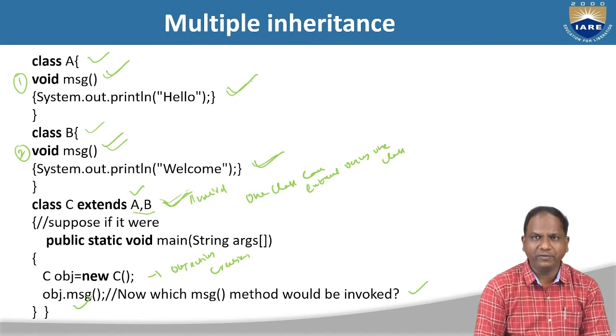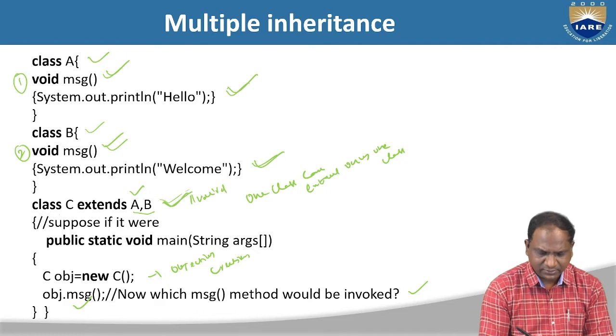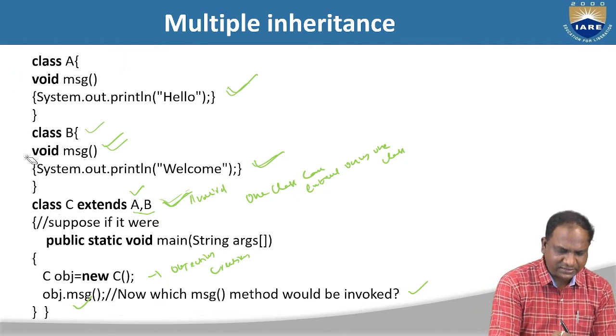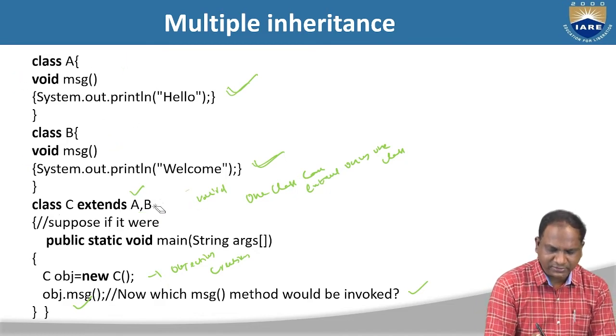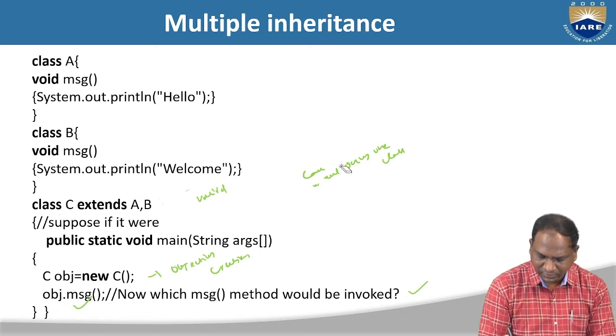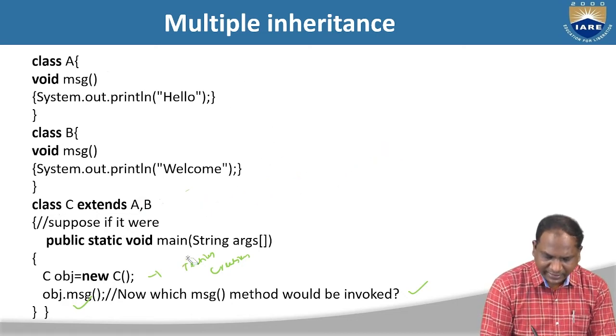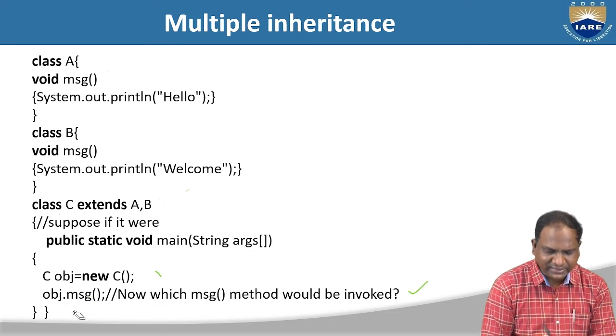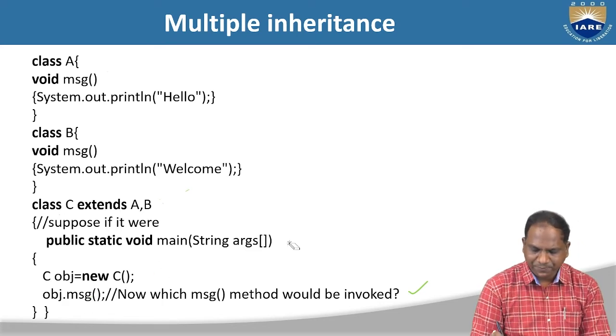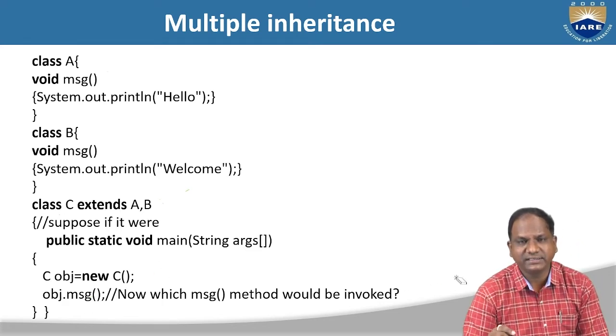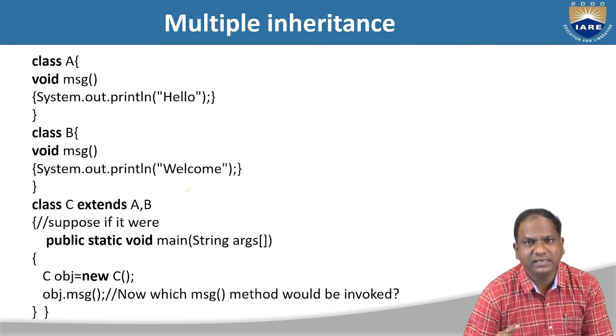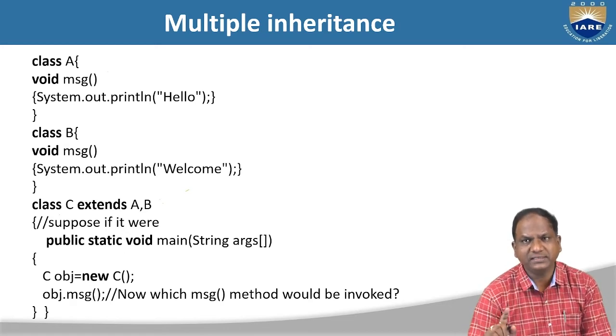Then there will be ambiguity. This is the reason Java does not support multiple inheritance. So the point here is that a class can extend only one class at a time.